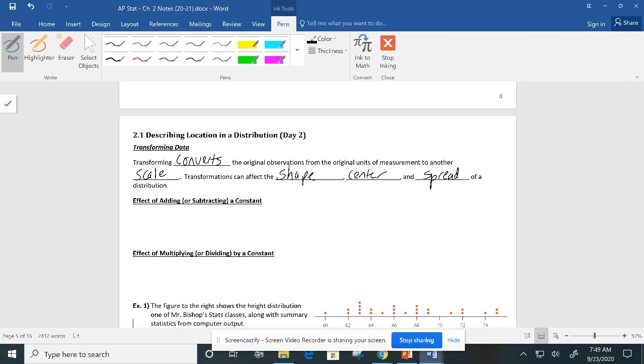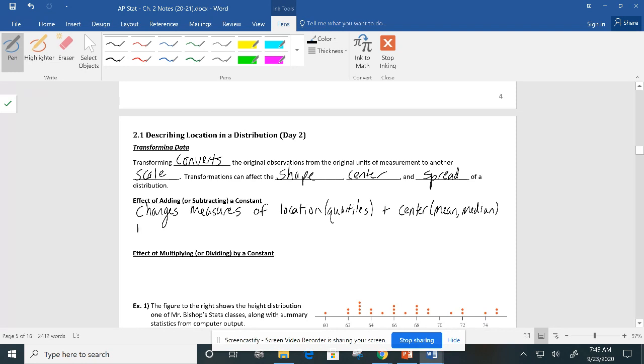Well, adding or subtracting a constant changes the measures of location, such as the quartiles, and measures of center, such as the mean and the median. So say I have my set of data and I want to add 10 to every observation. That's going to affect where the mean and the median are, as well as where my Q1 and my Q3 are.